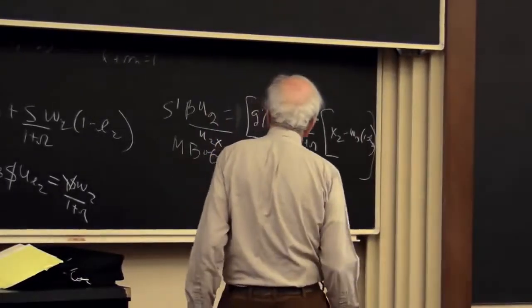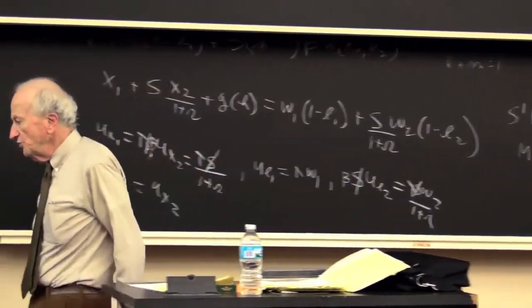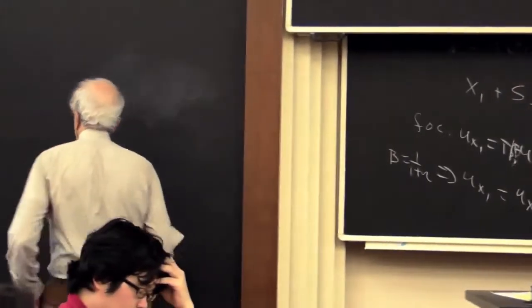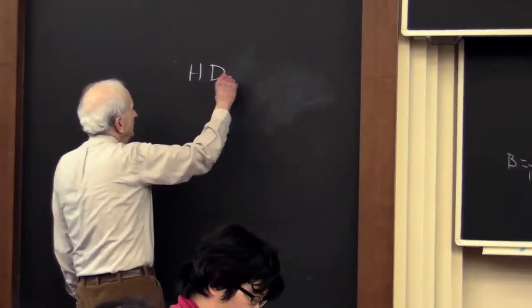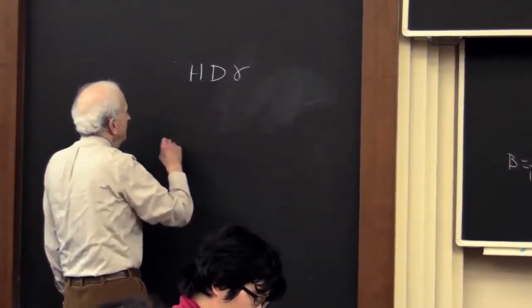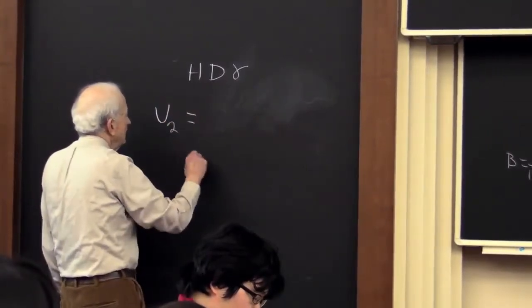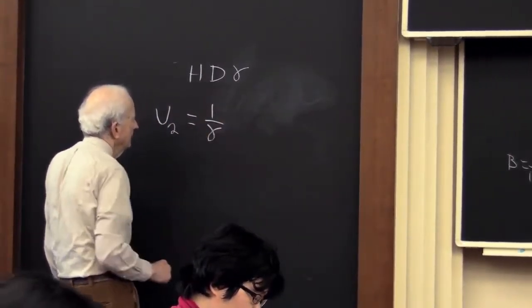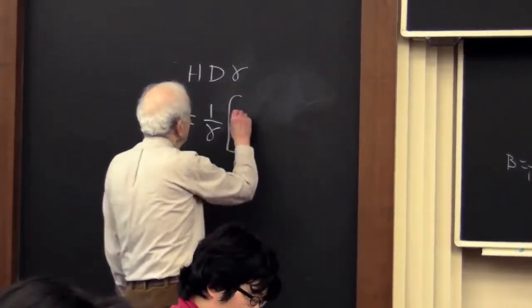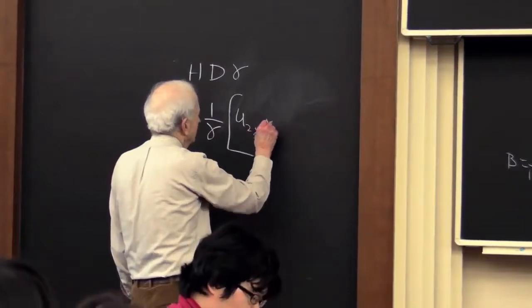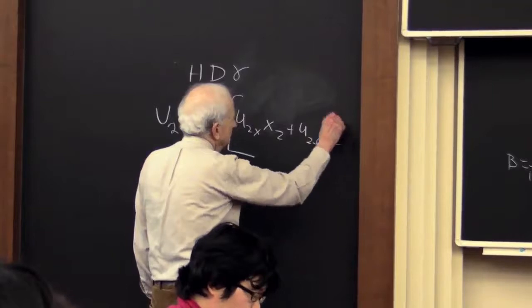So basically, what do we mean? If we have homothetic utility functions, it means that the property, if the function is homogeneous, let's say homogeneous of degree gamma, then we can write utility in period 2 is equal to 1 over gamma times u2x times x2 plus u2l times L2, right?